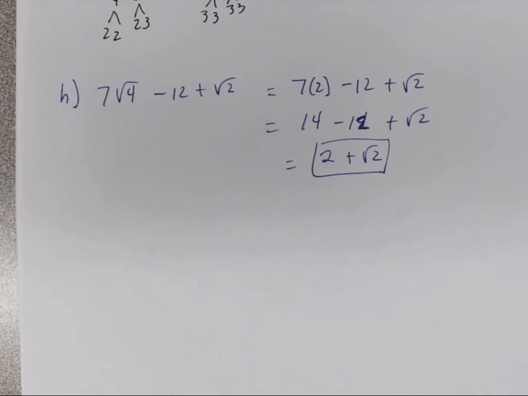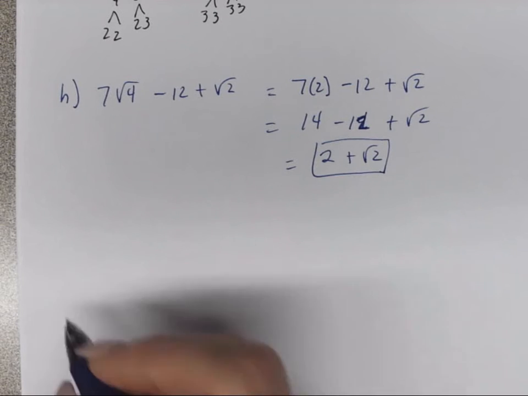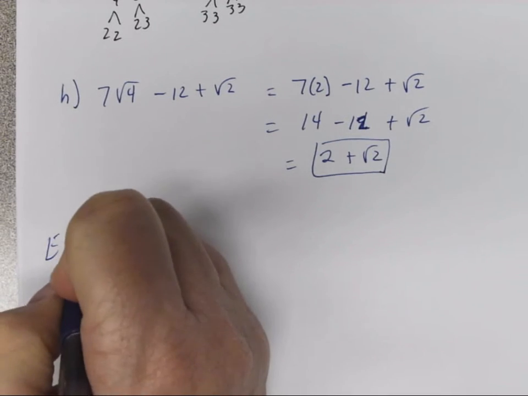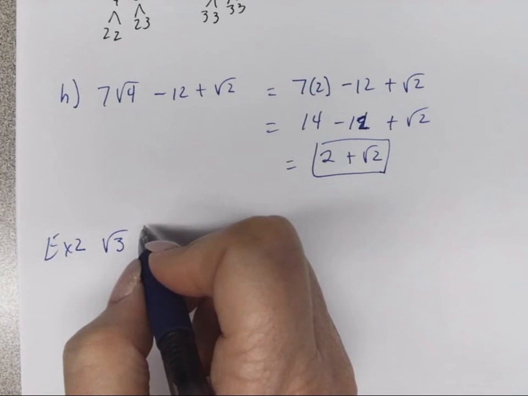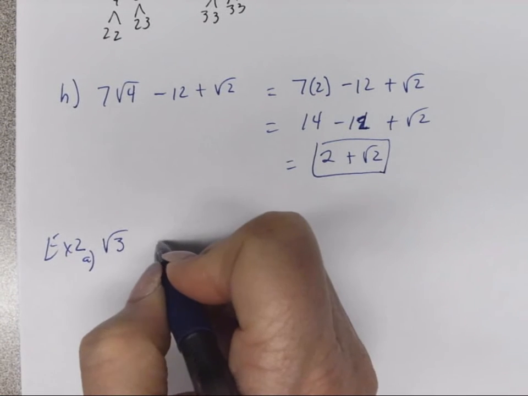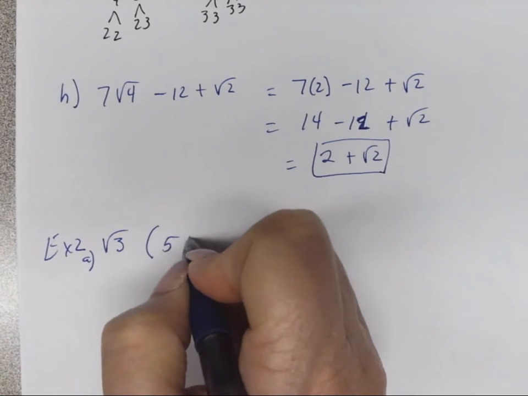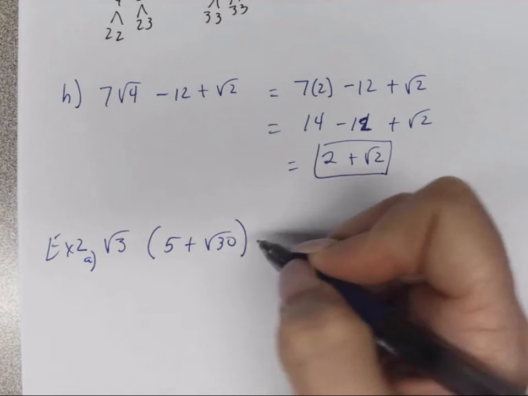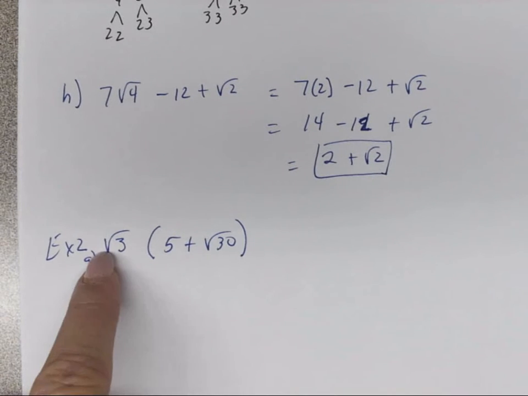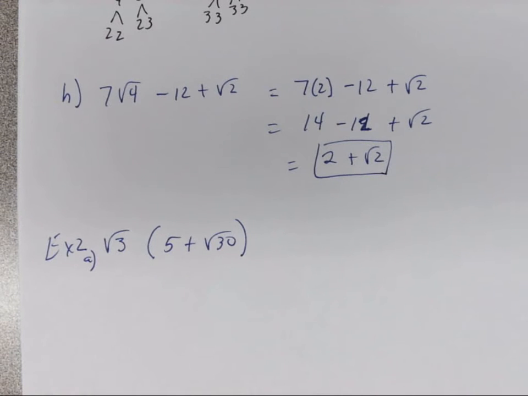All right, let's look at another kind of problem. So example 2, we have the square root of 3, this will be part A, times 5 plus the square root of 30. So here we're doing multiplication, and we're just going to multiply across.